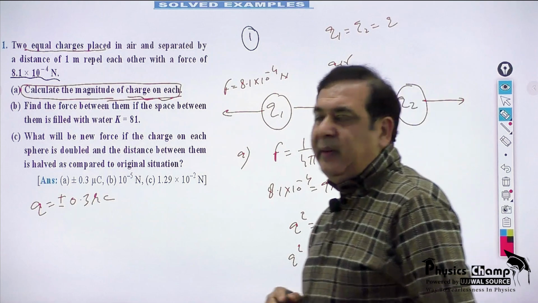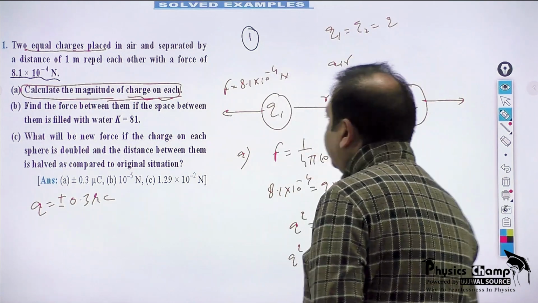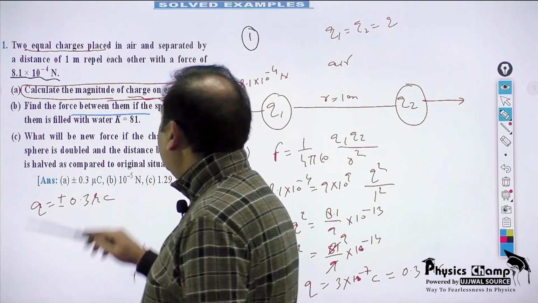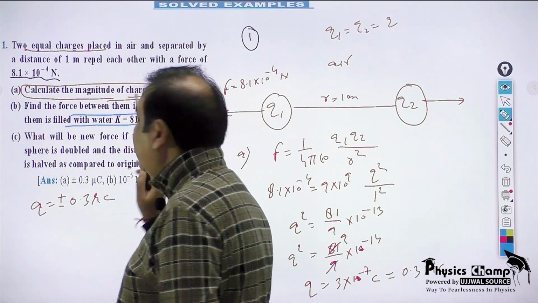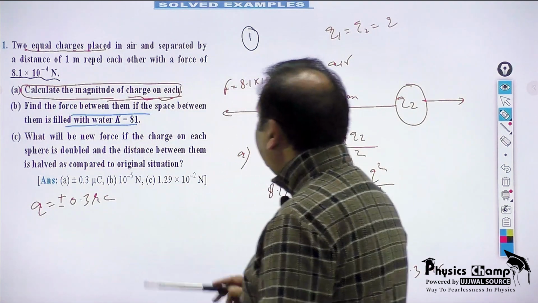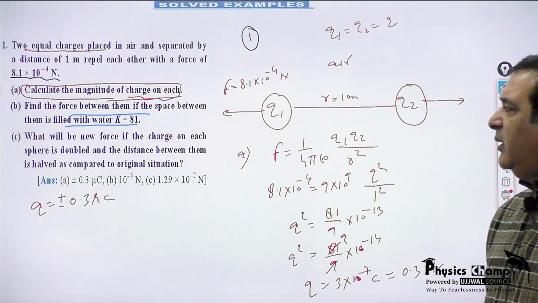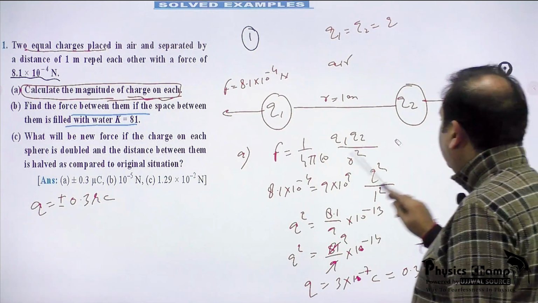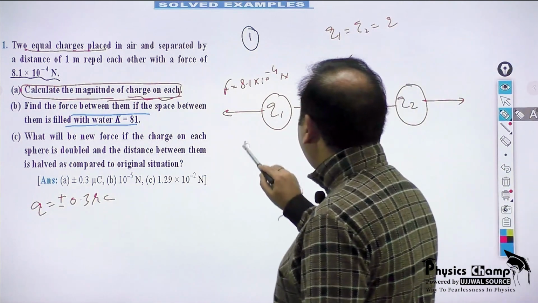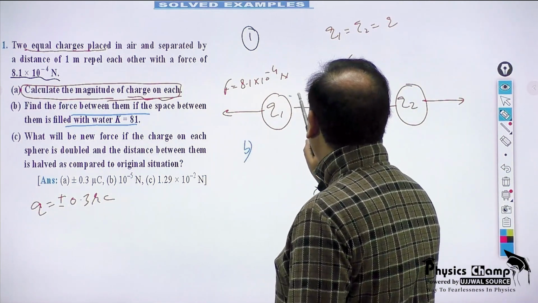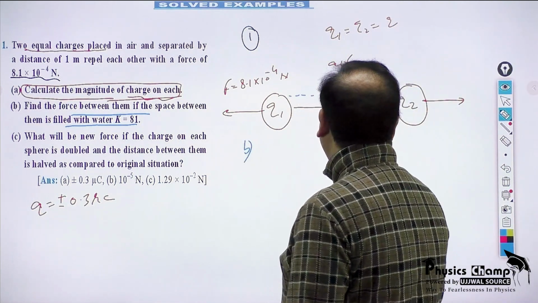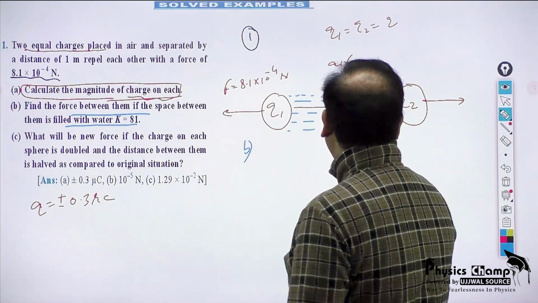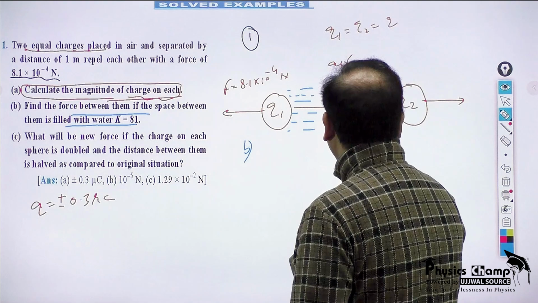Now the B part is about what if the separation, the gap between them, is filled with water of dielectric constant 81. What will happen to the force between them? In the second situation we are told the gap between them is now filled with water of dielectric constant 81.